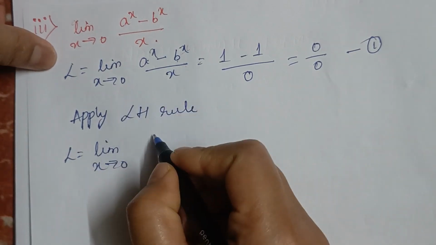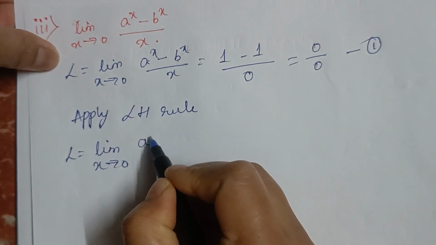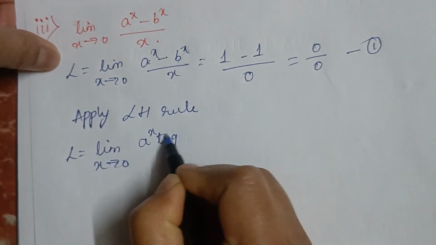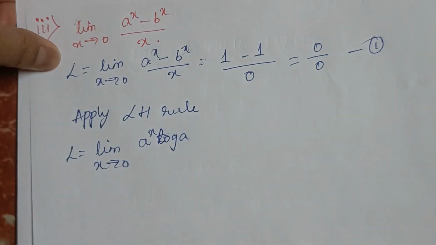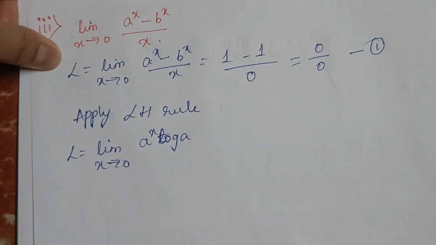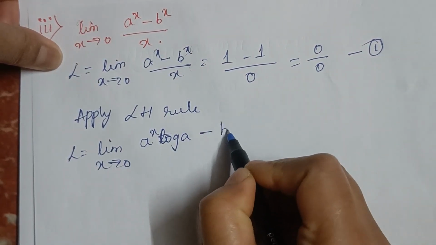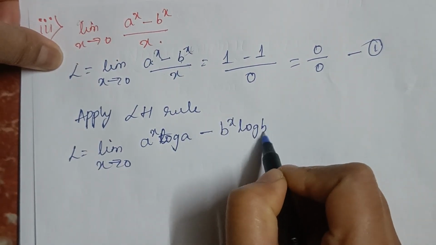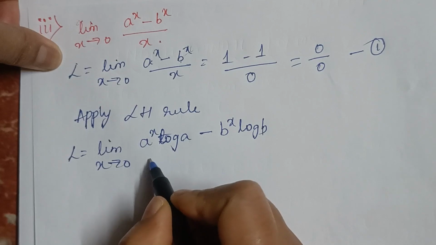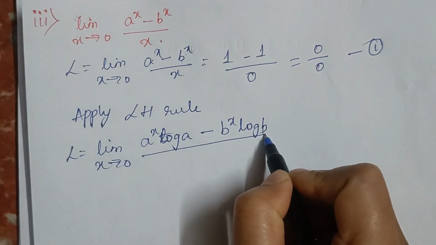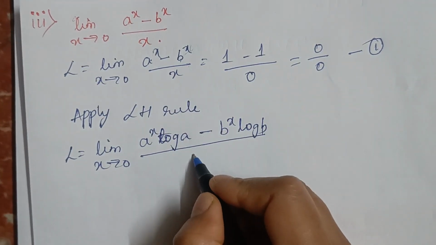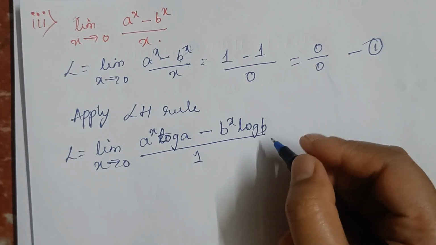So differentiation of a power x is a power x log a, minus b power x log b, divided by differentiation of x with respect to x, which is 1, correct?